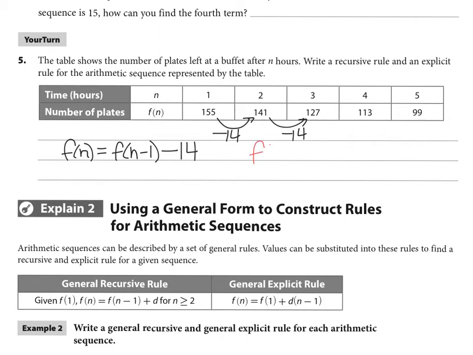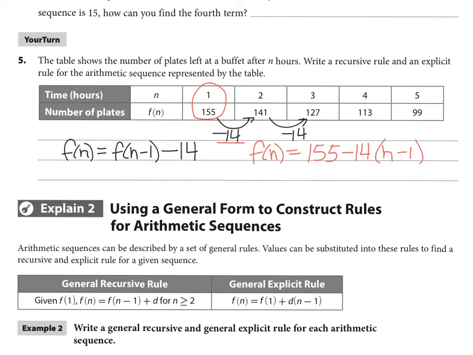Now, as far as the explicit rule goes, I'm going to do it the way the book does, which is f of n equals first term. Your first term is right here, which is 155, plus your m. Well, in this case, since my m is a negative, it's minus 14 times parentheses n minus 1. That's how the book would write it.